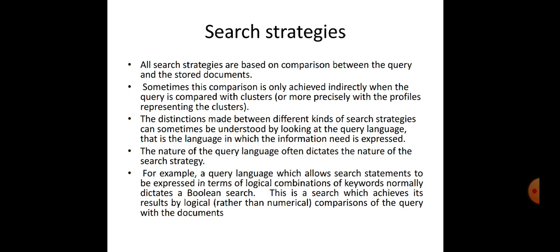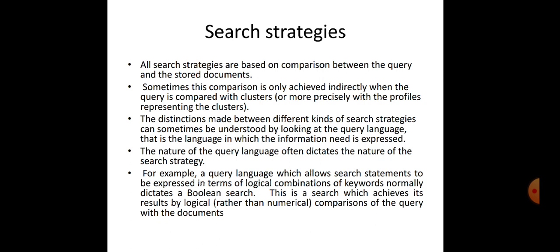Sometimes this comparison is only achieved indirectly, where the query is compared with the clusters only. Here what we do is split all these documents into some clusters, and we will be searching only in those clusters. We may be searching only one document from each and every cluster.